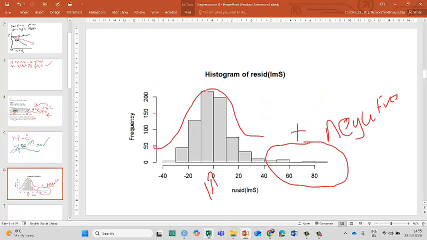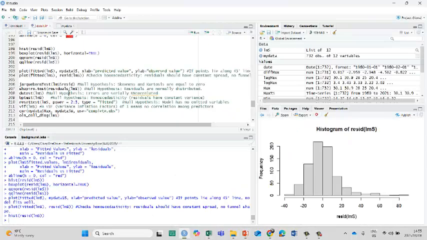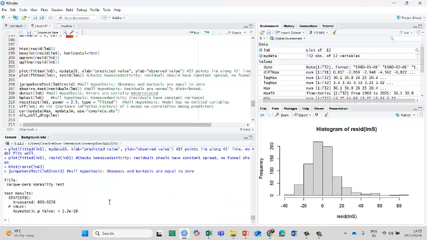Okay, so let's have a look at our normality test. First we use the Jarque-Bera test. We're going to test for normality in the residuals of our regression. Let's run it and see what we get.